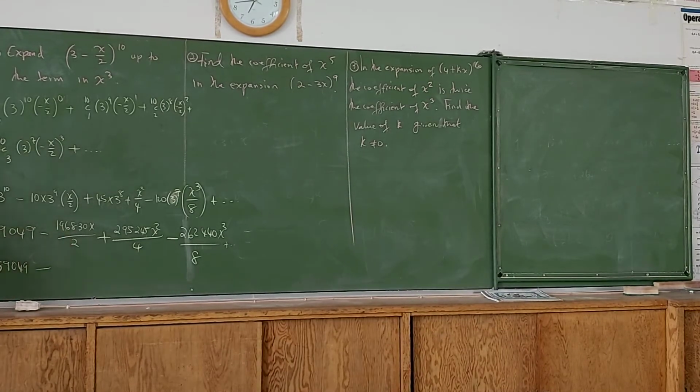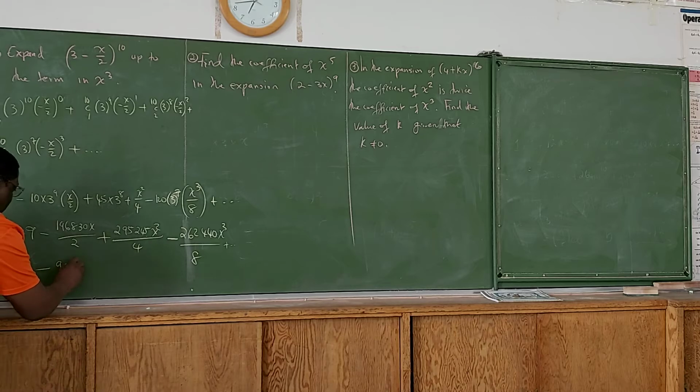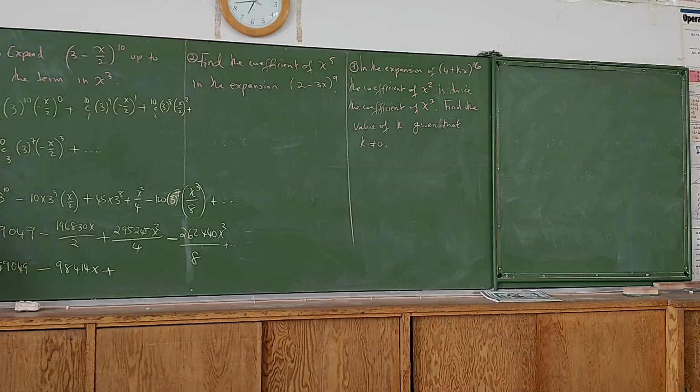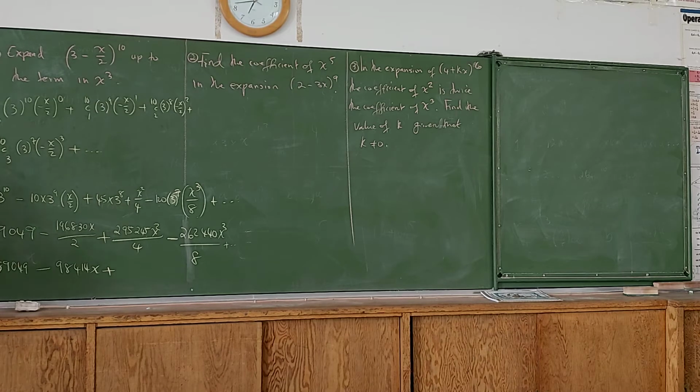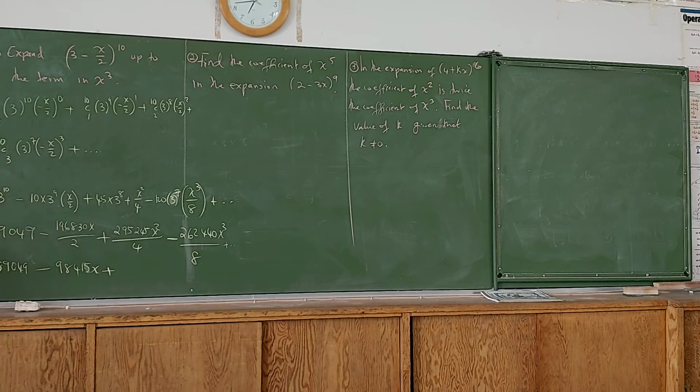This one is going to be what? 196,830 divided by 2 is 98,415 x. And this one here, 295,245 divided by 4. Well, does it give you a number? Let's leave it like that.